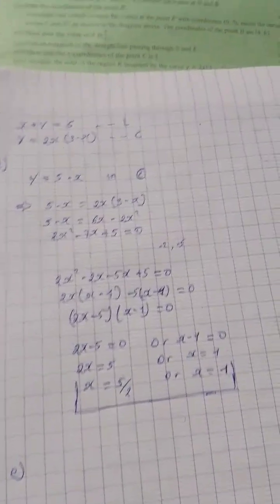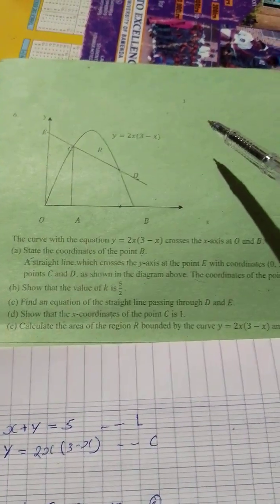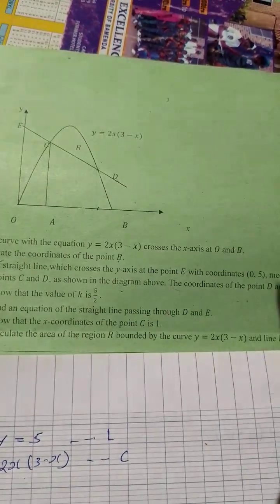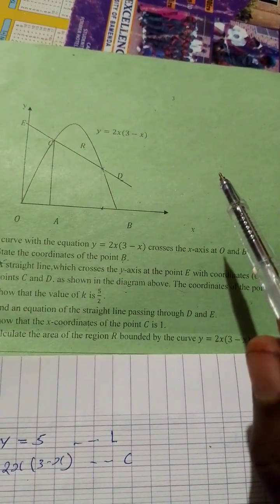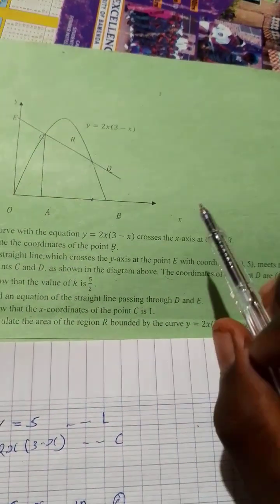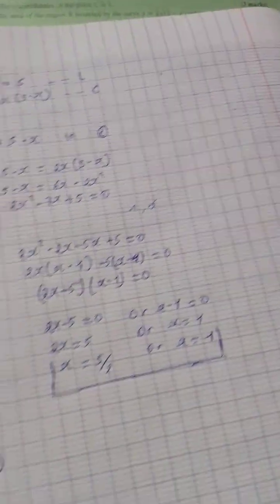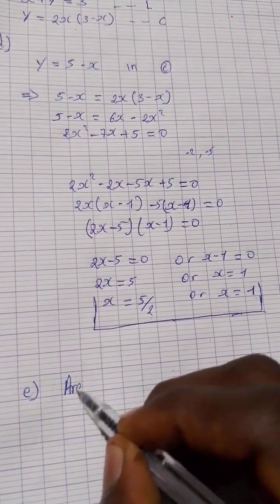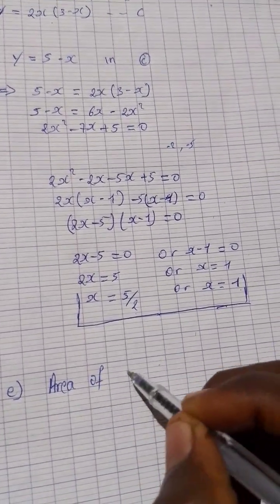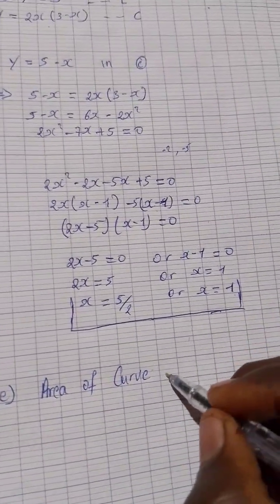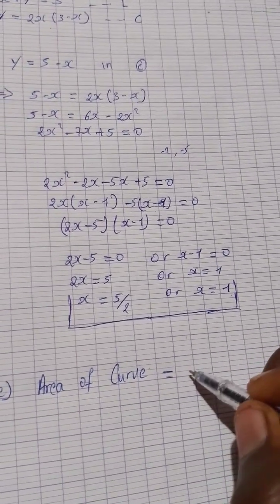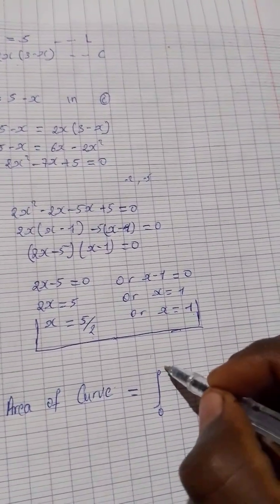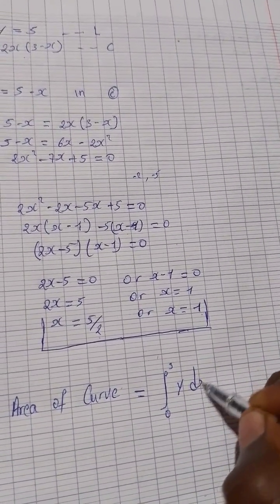Now, to calculate the area of this whole curve, you know that the curve starts from O to B, and the x coordinate of the point B was 3. That means we are going to integrate from 0 to 3 to have the area of this curve. Okay, so we start. Area of the curve A equals the integral from 0 to 3 of y dx.